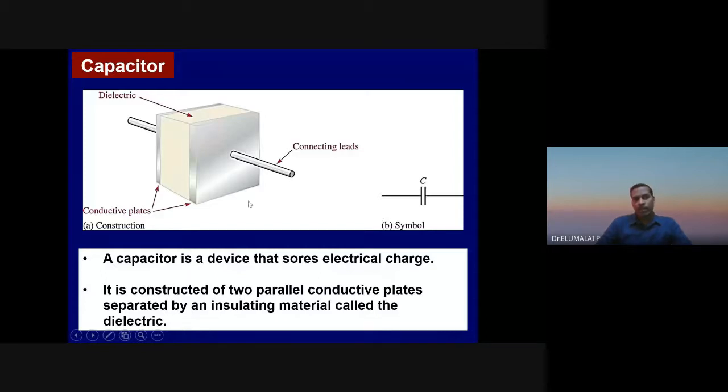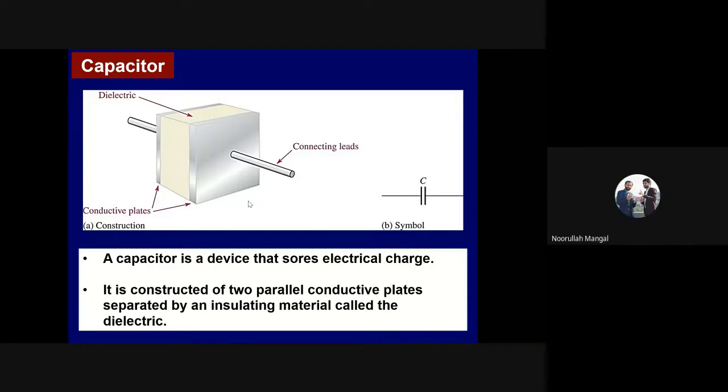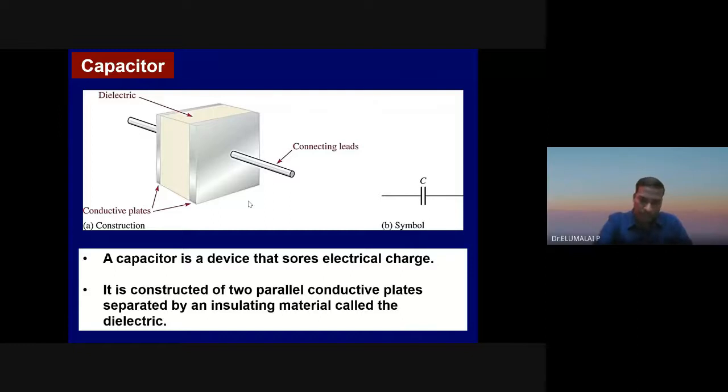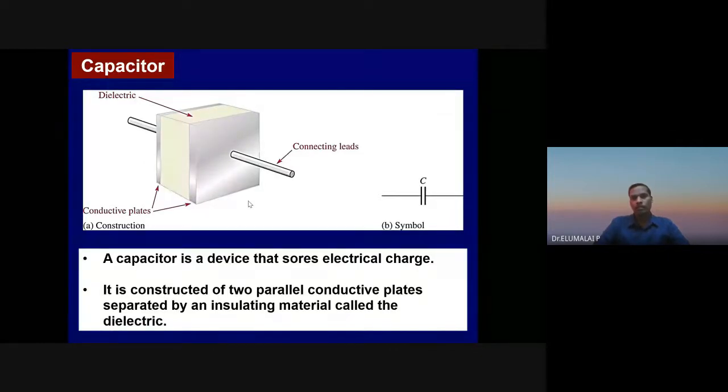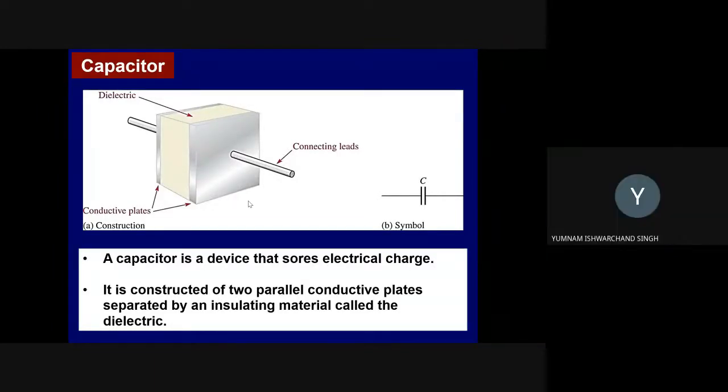So I have introduced two terminologies here: dielectric versus insulator. What is a dielectric? What is an insulator? Can anyone respond? Dielectrics and insulators are the same, or do you disagree? Can anyone give a better explanation?